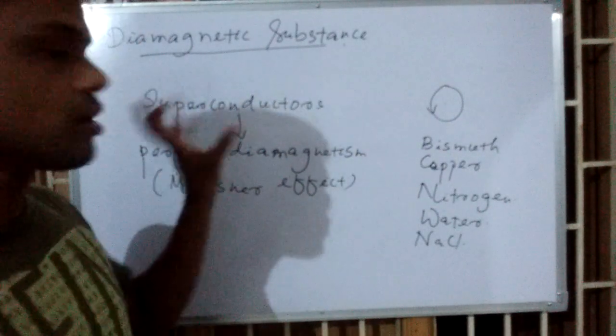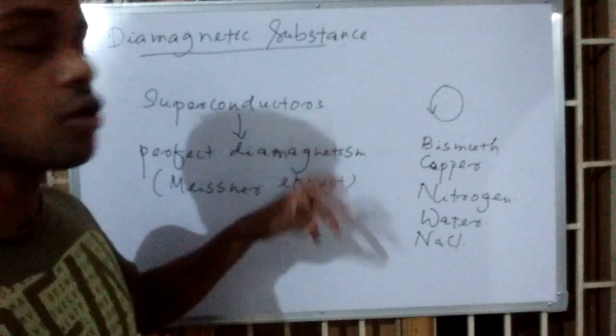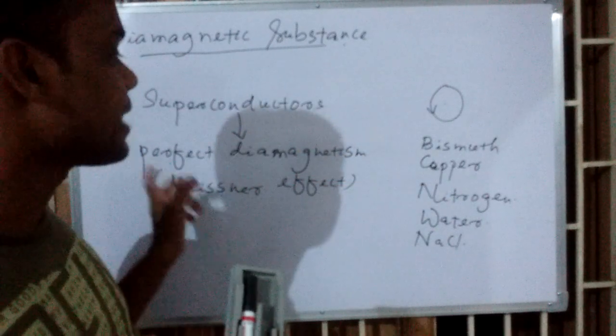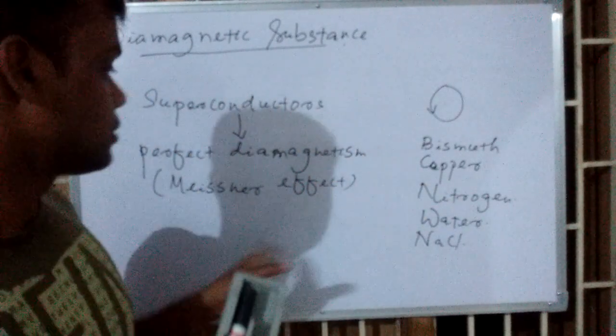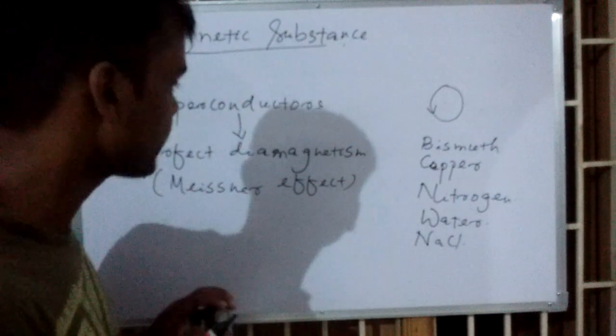That is the phenomenon by which superconductors show the perfect diamagnetism property, and it is called the Meissner effect.